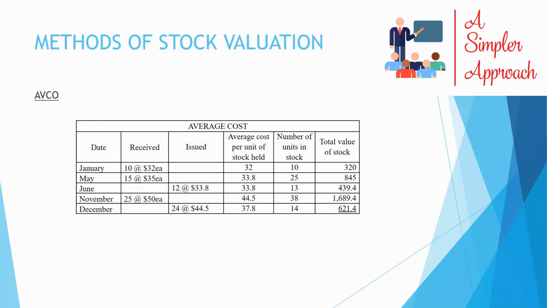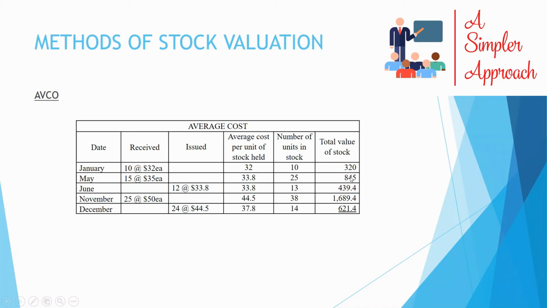Let's go over that again. For January, we had $320 worth of stock. May, we bought 15 items at $35 each. We must calculate the value of this, 15 multiplied by 35, and then add it to 320 in order to get 845.